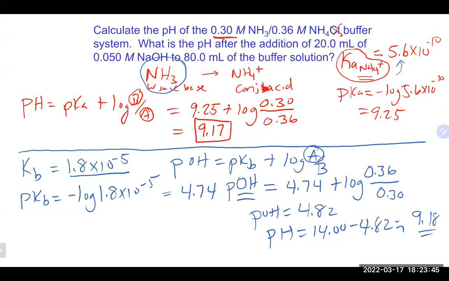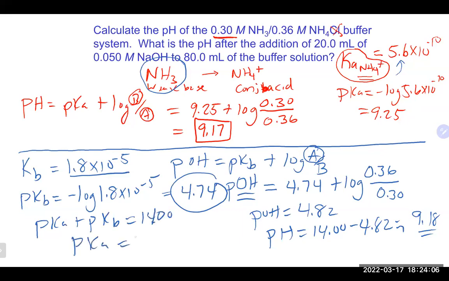But again, just in case you could not find the Ka value, but just that Kb value, that's the way you could do it. The other way you could do it is you could get your Kb value here and do the pKa plus the pKb equals 14 and solve for the pKa value from that pKb value.